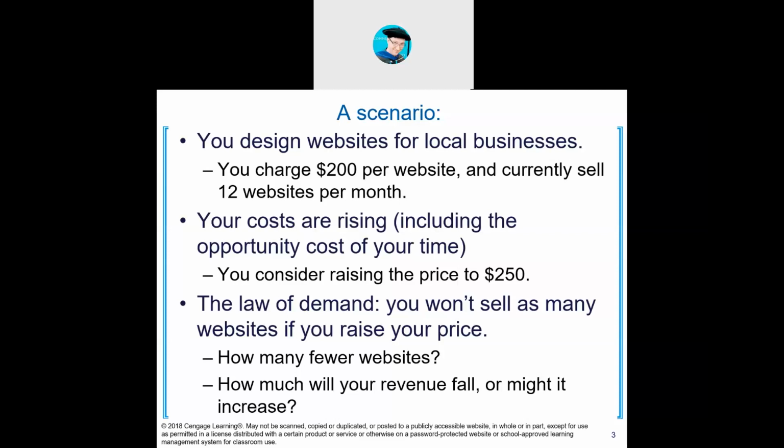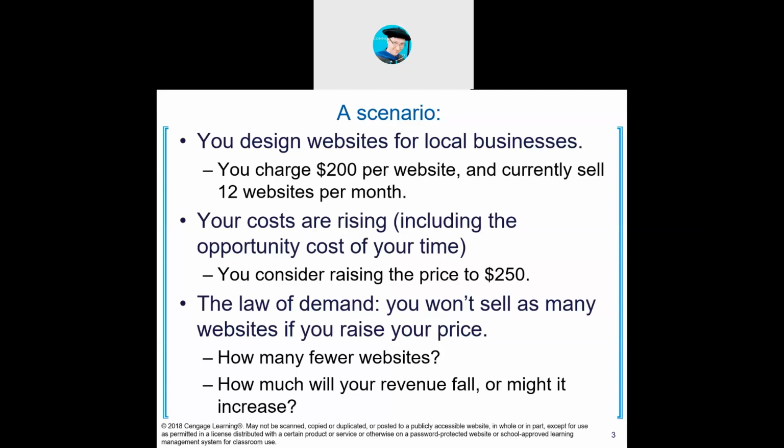Okay, so it's a $500 revenue difference. 250 times 12 is 3,000. 200 times 12, 2,400. So you're looking at a $500 difference if you increase your price per website to 250.